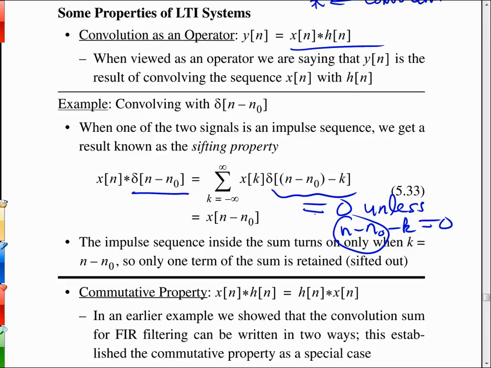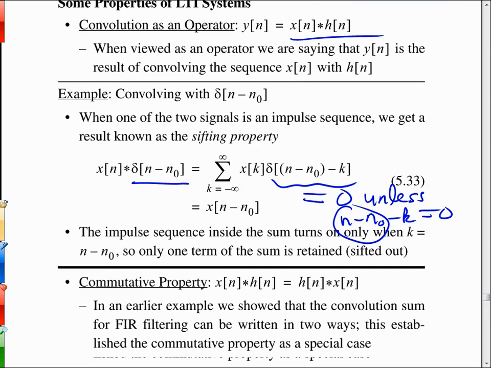When you convolve x with delta of n minus n naught, it sifts out the waveform at time shifted by n naught samples. So it effectively imparts a delay of n naught into the waveform. So it makes the output come out as n minus n naught, or n naught samples delay.